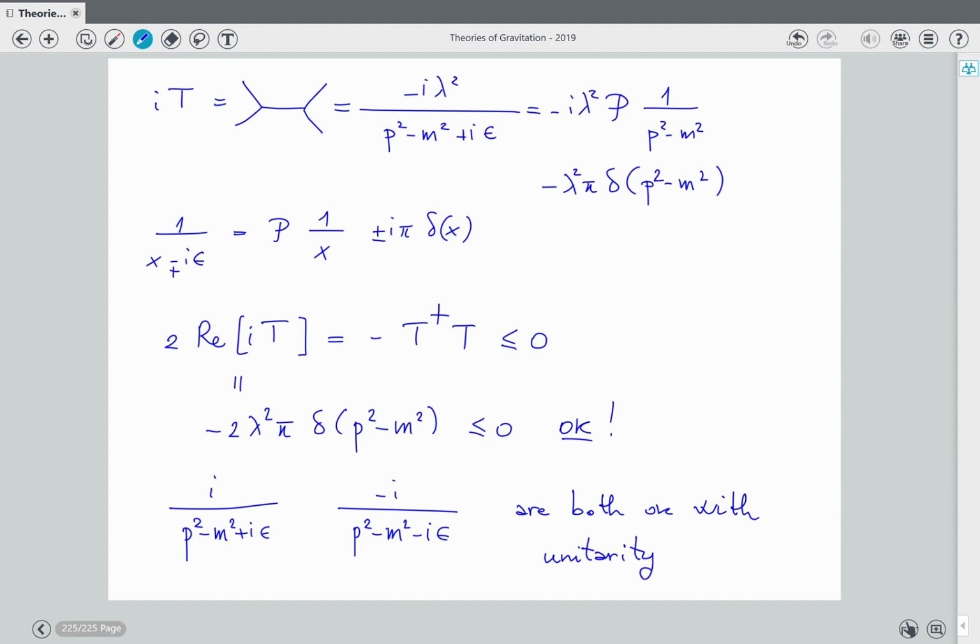Well, it turns out that they cannot coexist. They cannot live together in the same theory, but they are both useful because one is the propagator that appears in the S, and the other one is the propagator that appears in S dagger. So they coexist in the identity involved by the optical theorem, but in the Feynman diagrams they cannot because of some mathematical problems that arise when they are both there, at least if you do not treat them properly.